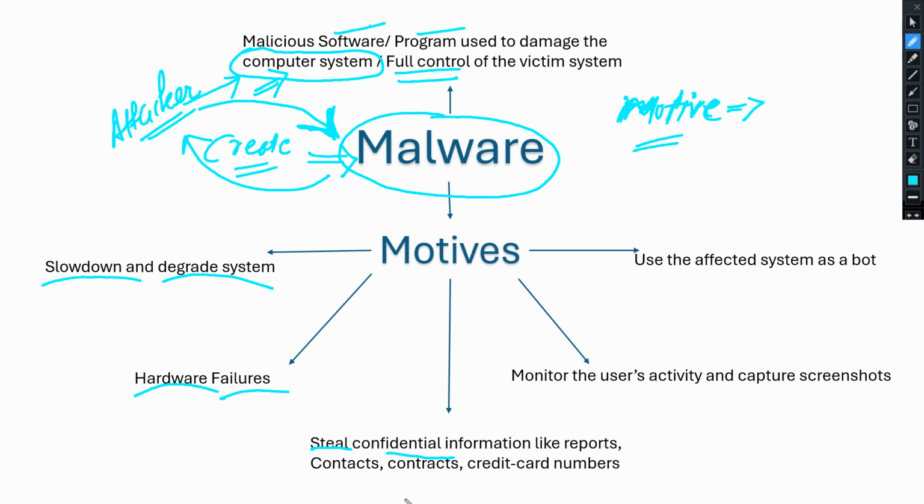Next would be stealing confidential information, like for an organization, their reports, contacts, credit card numbers. All these are very important for the organization. So maybe the attacker's motive is to get all this information. Then they can deploy malware to the company's environment and fetch all the related information.